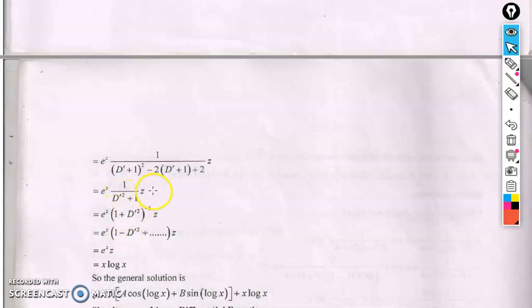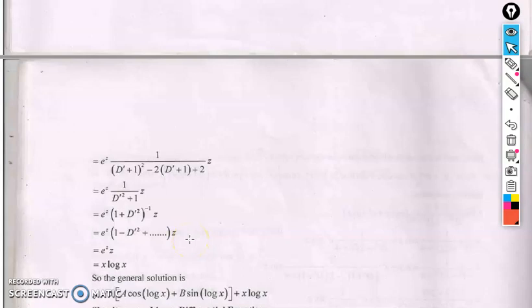When we change the position of the denominator, it becomes 1 plus d dash squared whole to the power minus 1. When we expand this as a binomial expansion, 1 plus x whole to the power minus 1, it becomes 1 minus d dash squared plus d dash to the power 4, and so on.